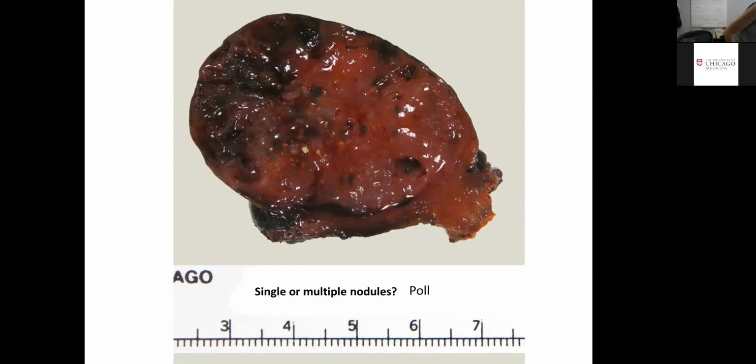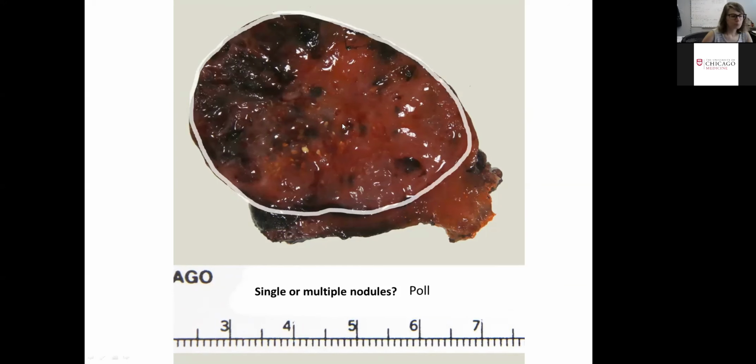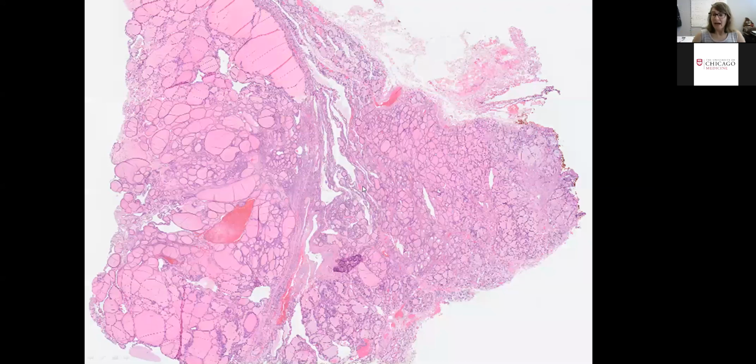Okay, great. All right, so comparing that with the microscopy, what do we see now? We see, again, a very large arc that occupies almost the entire slide. We see some normal thyroid tissue on the right with follicles of very even shapes and sizes.